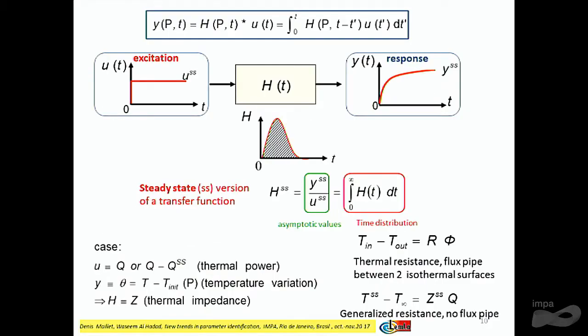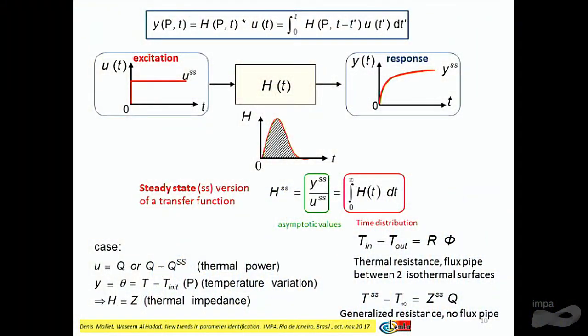So here is the equation. Here you have an example of excitation, transfer function, and response. There is a very interesting property of this transfer function: when you integrate the transfer function between 0 and infinity, assuming you know it, it's exactly the ratio between the steady state response and the steady state excitation.